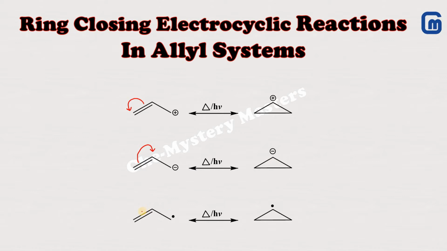While in the case of allyl radical, homolytic bond fission will be there, so that the central carbon and the terminal carbon will be getting one radical each, and the terminal carbon will be completing the cyclic structure and the central carbon will be getting the radical. Now here we will take all these systems one by one and see how the cyclization will take place.